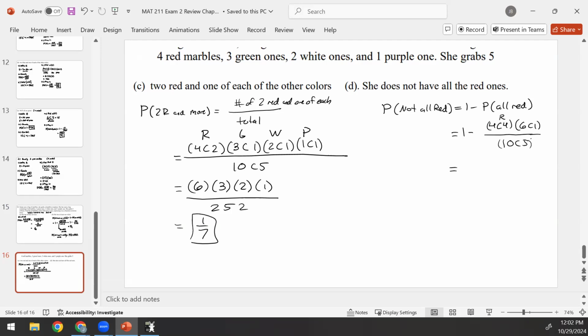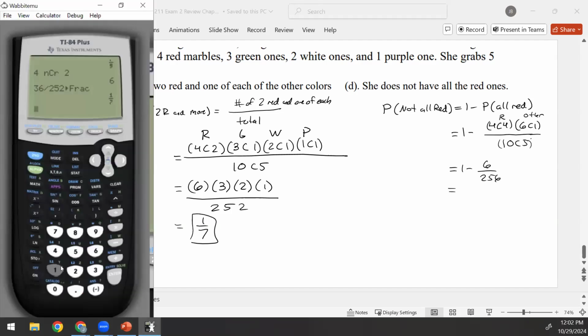And then this is going to be equal to 1 minus 6 over 252. According to my calculator, 1 minus 6 divided by 256, math frac, 125 over 128.